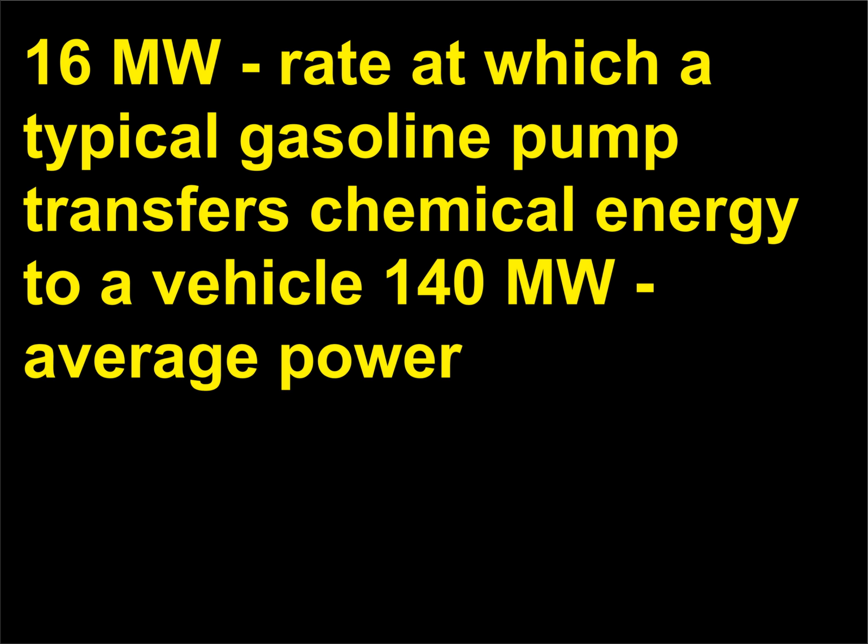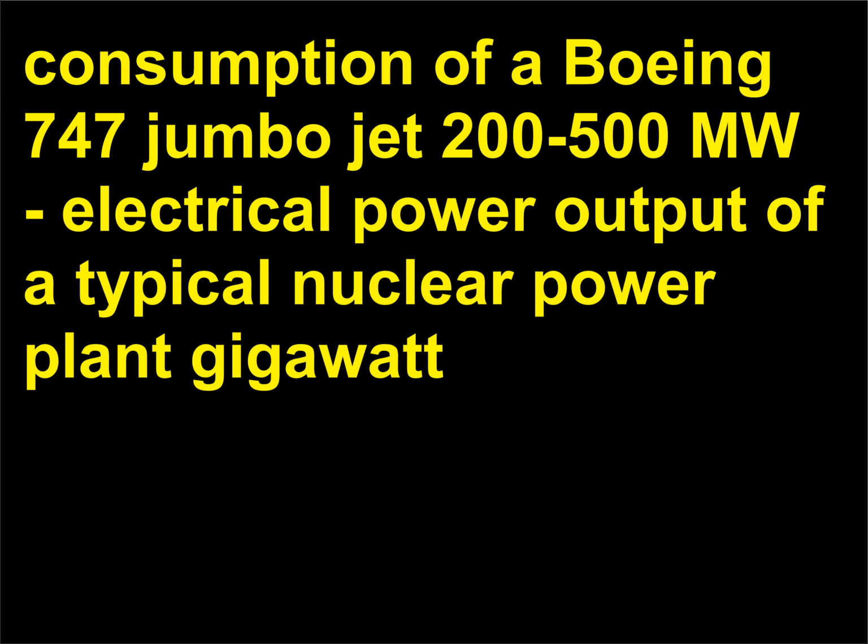16 MW, rate at which a typical gasoline pump transfers chemical energy to a vehicle. 140 MW, average power consumption of a Boeing 747 jumbo jet. 200 to 500 MW, electrical power output of a typical nuclear power plant.